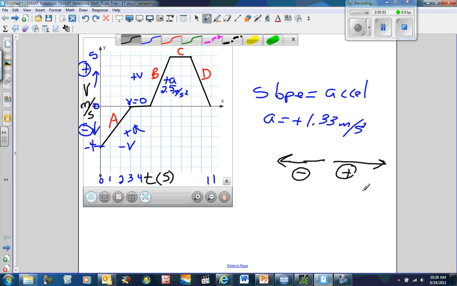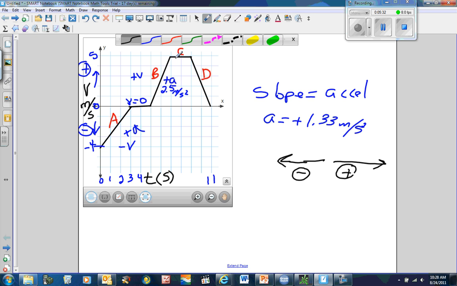And so I'm moving to the left here, and I'm slowing down from -4 to 0. And then for a couple of seconds, I stop because I'm on the 0 line. That's 0 meters per second. Then I go from 0 meters per second to 5 meters per second in 2 seconds, and that's a slope of 2.5. So I'm speeding up 2.5 meters per second squared. That means every second I speed up another 2.5 meters per second.